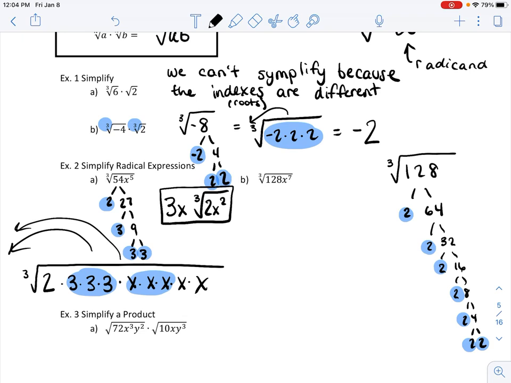So I found my perfect primes, or my primes. Can write out my x values. I have 7 x's. I need to group them by 3's because we're talking about a cubed root.